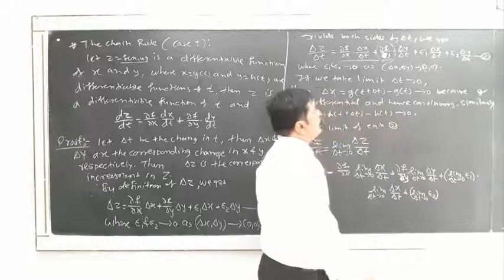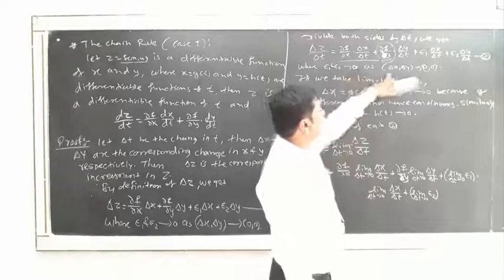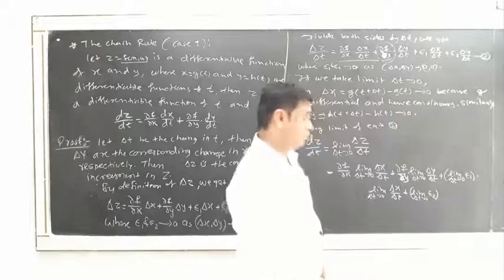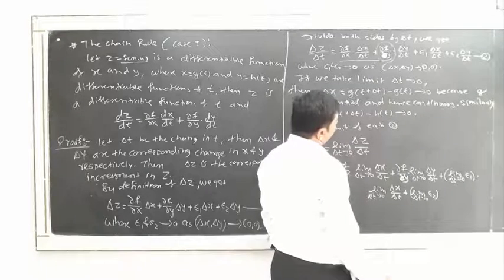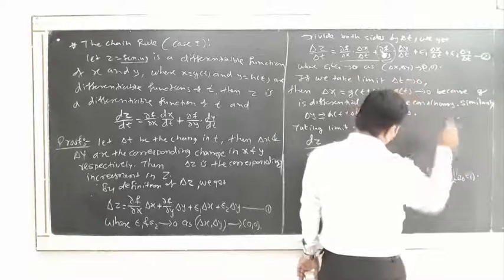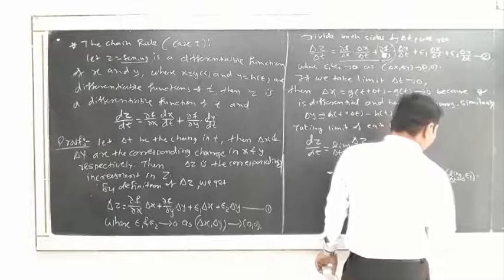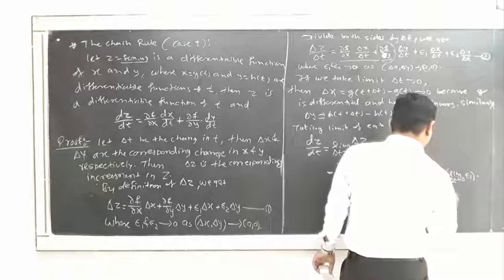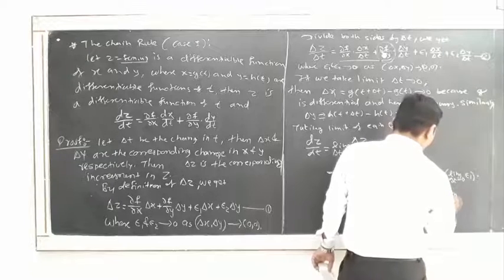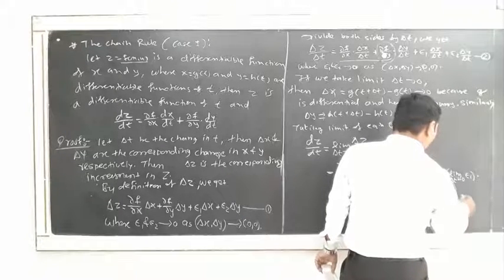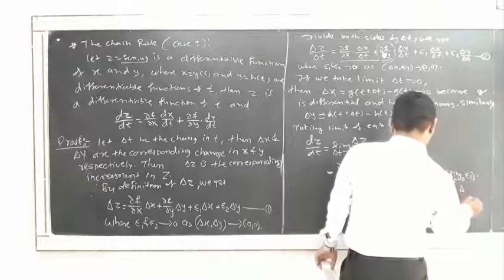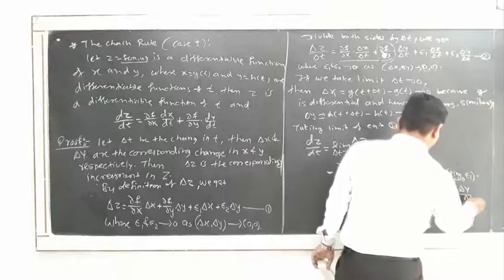This epsilon 1 and epsilon 2 also tend to 0 as delta x, delta y tend to 0, so they depend on delta x and delta y. So it is epsilon 2 and limit delta t tends to 0 of delta y by delta t.